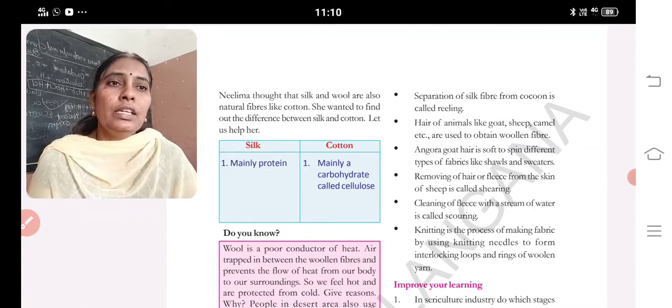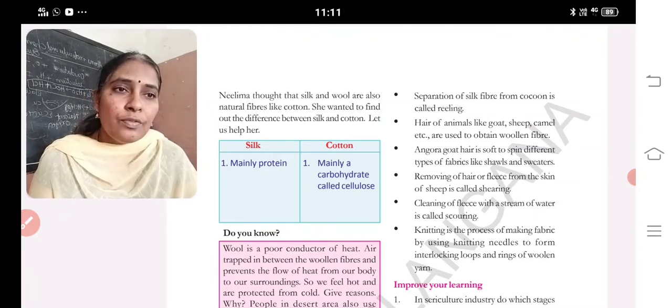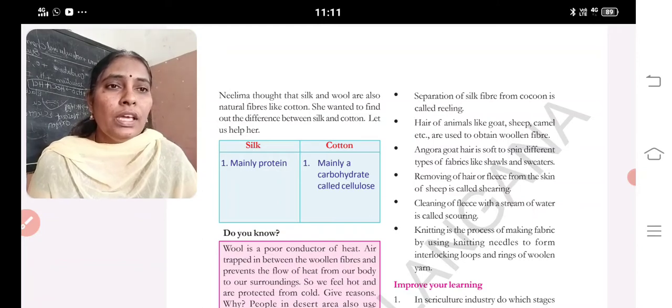Angora goat hair is soft and is used to make different types of fabrics like shawls and sweaters. Removing hair or fleece from the skin of a sheep is called shearing. What is meant by shearing? Removing the hair from the skin is shearing. Cleaning of fleece with a stream of water is called scouring.